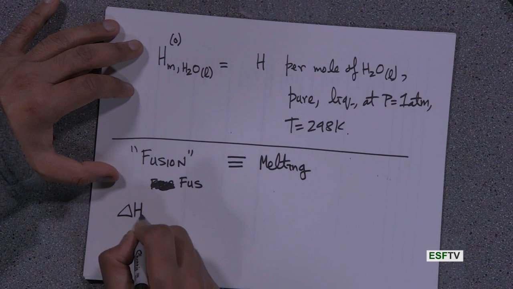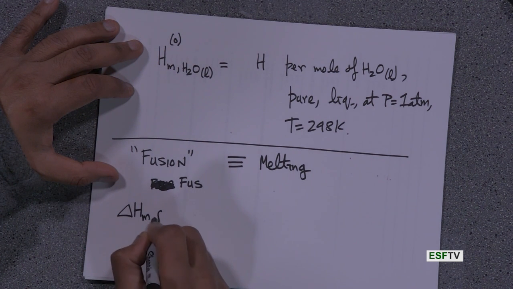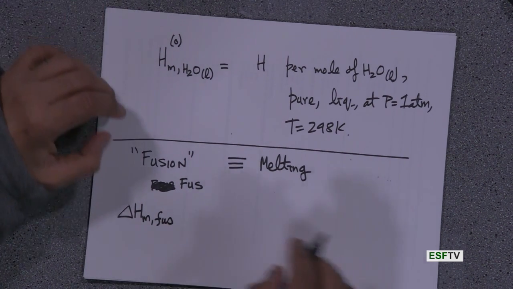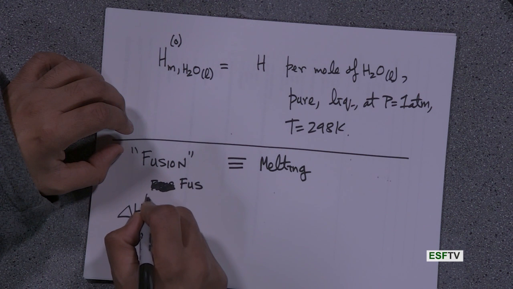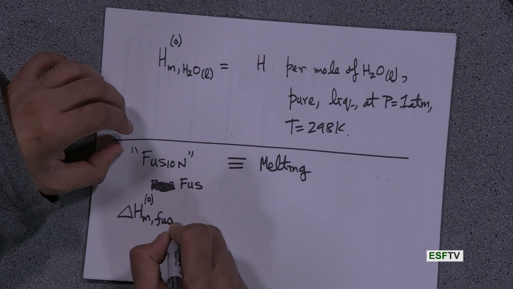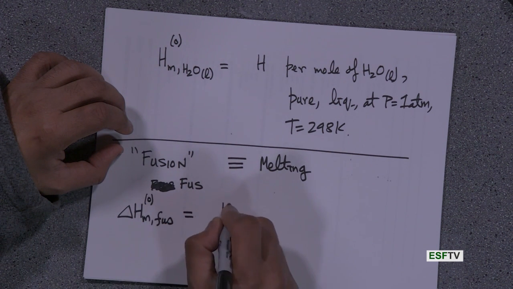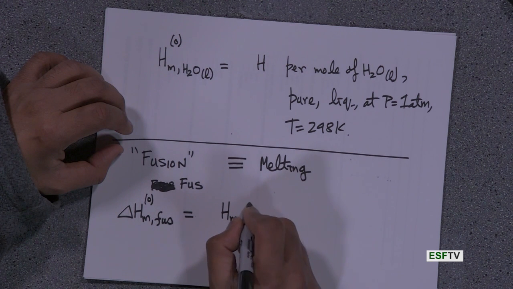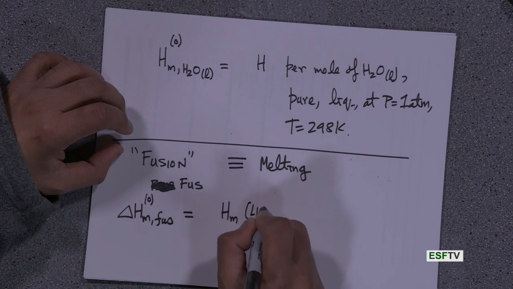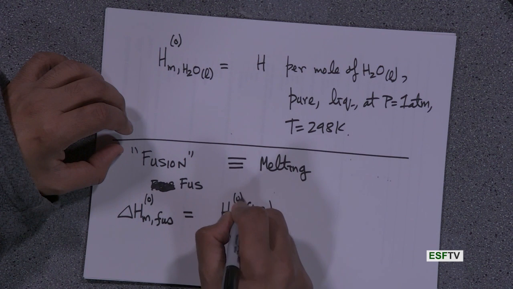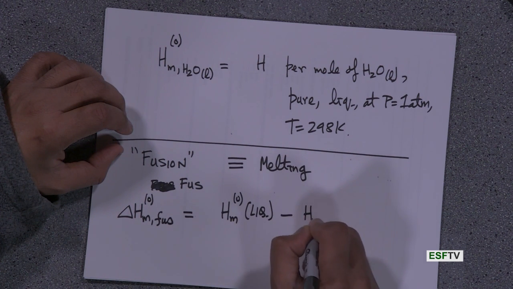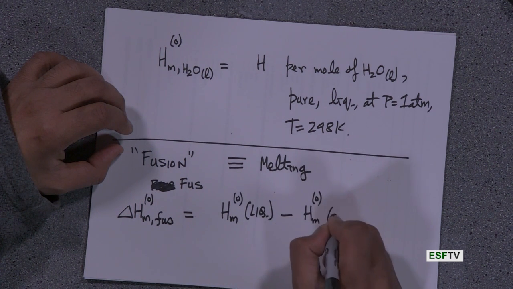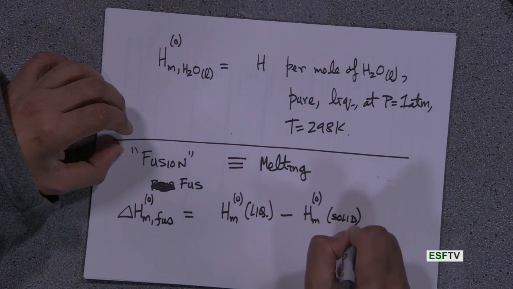So delta H per mole of fusion under the standard conditions would be H per mole for the liquid phase minus H per mole of the solid phase under standard conditions.